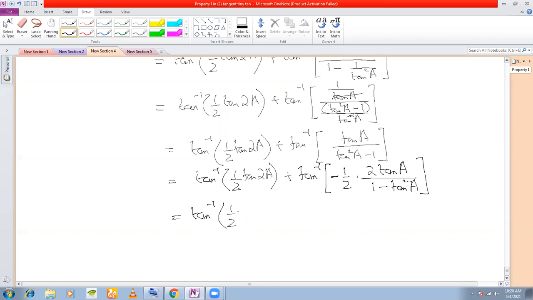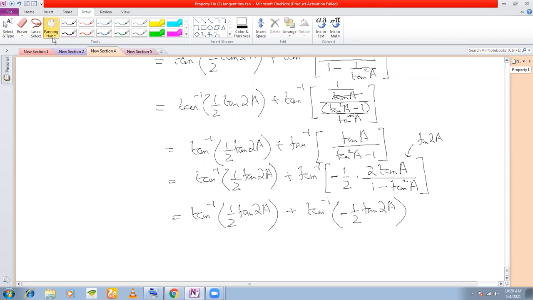You'll just see now. Plus tan inverse. See, what is this? This is the multiple angle formula for tan 2A. That is why I have written it in this manner. This becomes minus half tan 2A.